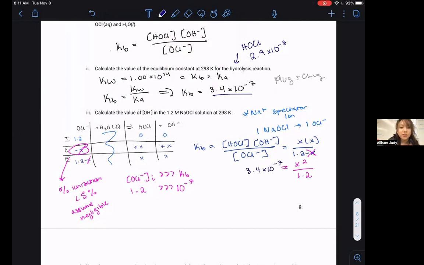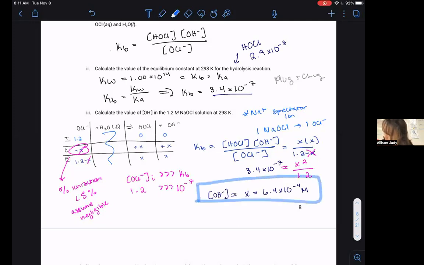And you simply just solve for x. And x equals 6.4 times 10 to the negative 4th molarity, and your x is your concentration of OH minus. And that is how you would solve this problem.